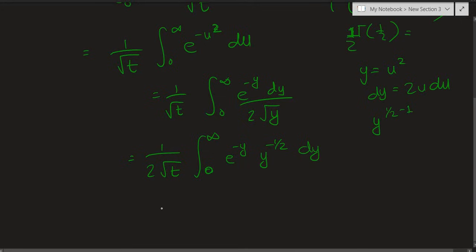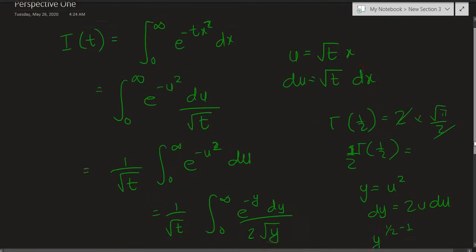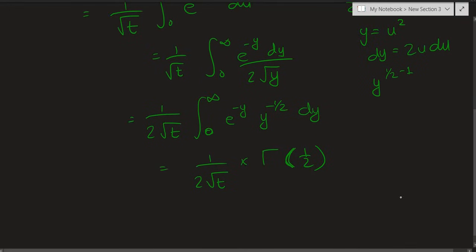So by definition of the gamma function, we have 1 over 2 times square root of t times the gamma of 1/2. So I of t is basically 1 over square root of t times gamma of half.